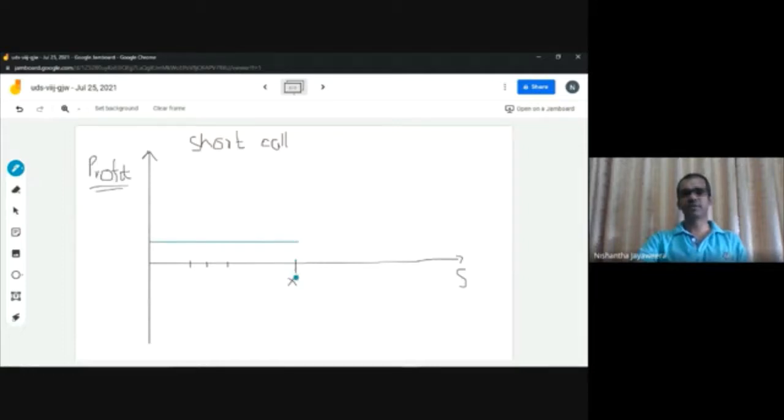Even at this point, whether the buyer of the call option exercises his right or not, you get the premium. Even if the buyer exercises his right at the strike price, which is equal to the spot price, as the seller, you don't incur any loss. So you get a profit equal to the premium.